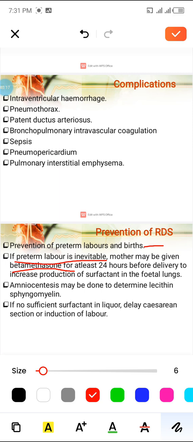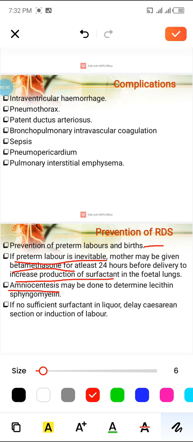So these steroids help to increase the production of surfactant. So you need to inject the mother, so that this drug can reach the fetus in utero, so that there is an increase in surfactant production. Then you can also perform amniocentesis.